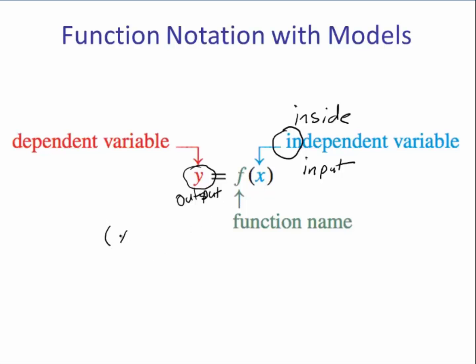So as an ordered pair, it could be written like this, or it could be written like this. These are equivalent. But what's nice about function notation is we automatically know what is the input variable, whatever is inside the parentheses.